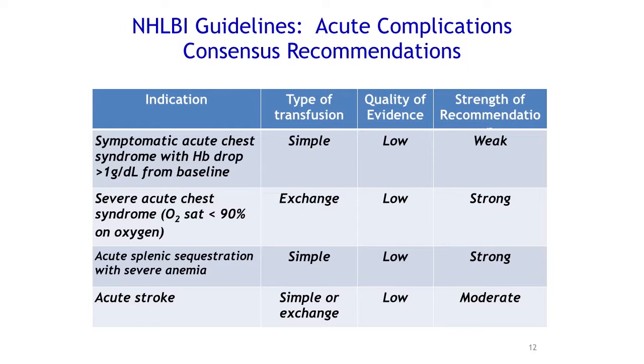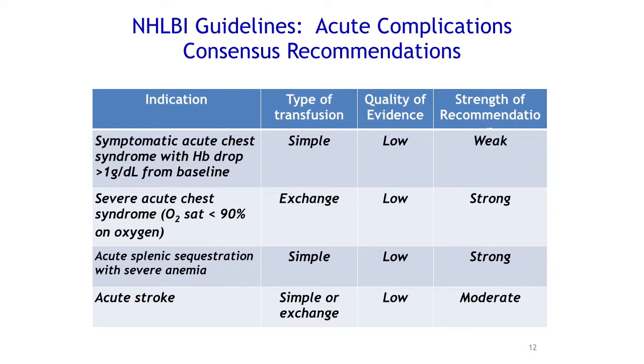Acute chest syndrome with severe hypoxia would be one of the conditions to transfuse, but I know in our environment we would do a simple transfusion. And similarly, acute splenic sequestration may commonly be associated with hypovolemia or hypotension, so it would also warrant transfusion in our setting.